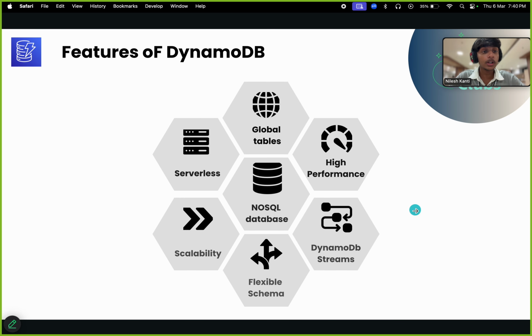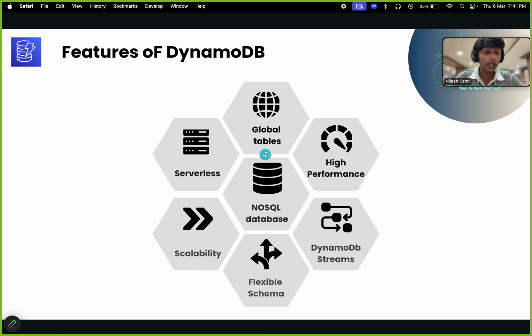What makes DynamoDB so special? Since DynamoDB uses a NoSQL database, it can handle unstructured data very easily. It is also serverless, which means that it can handle high traffic without worrying about the server. It also has high performance as it can handle millions of requests at very low latency.